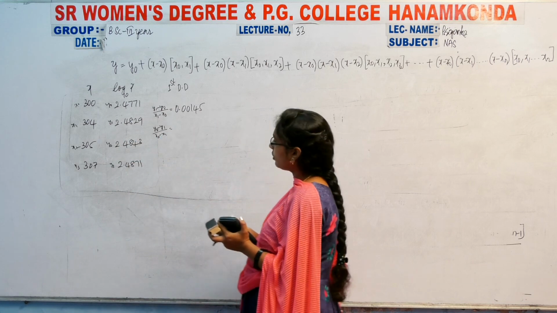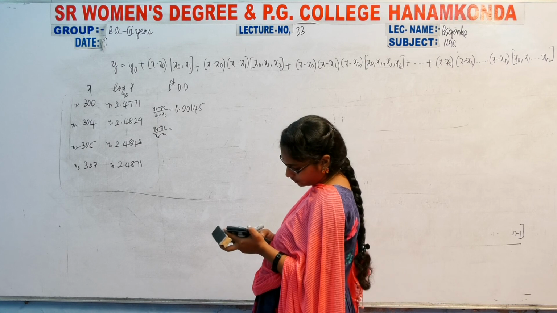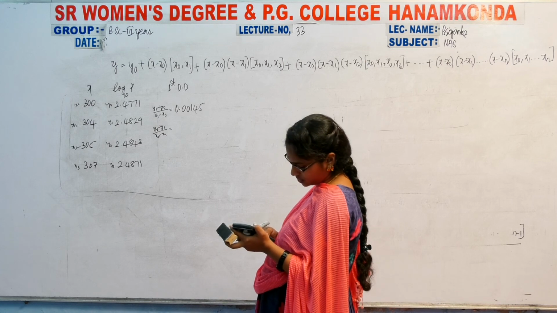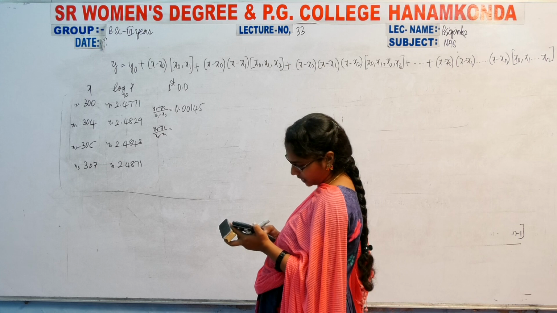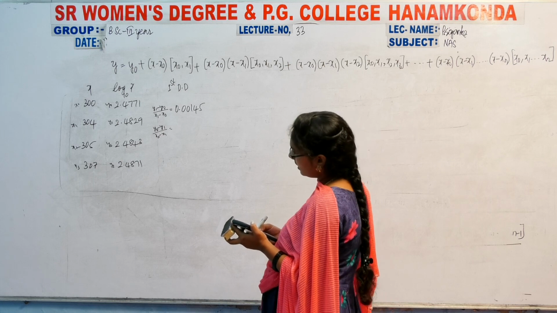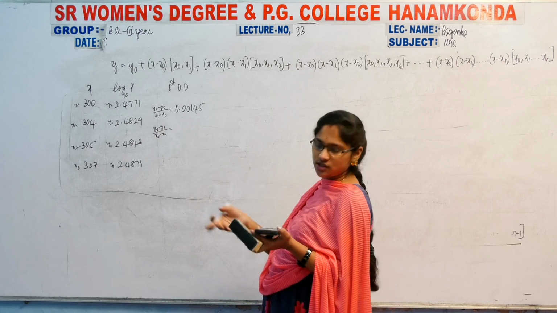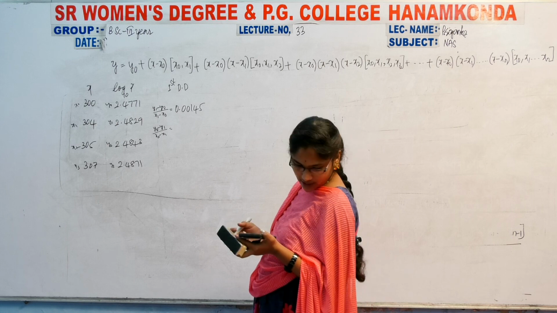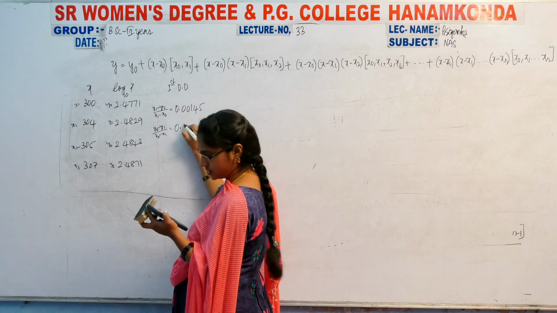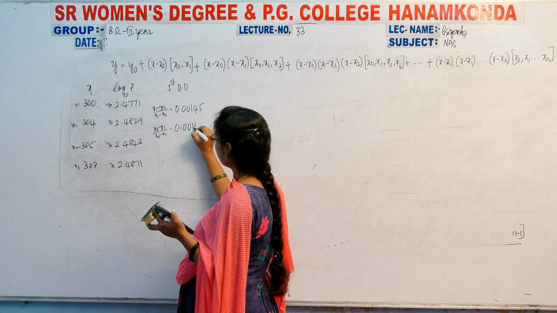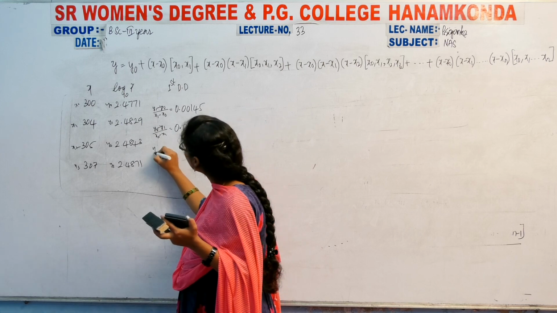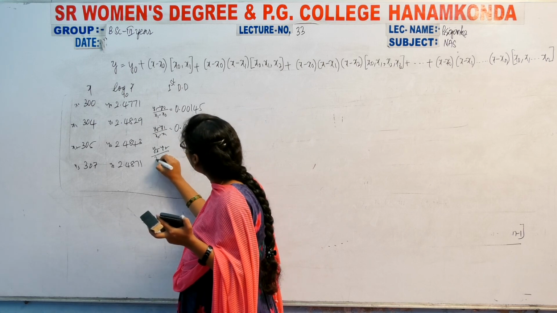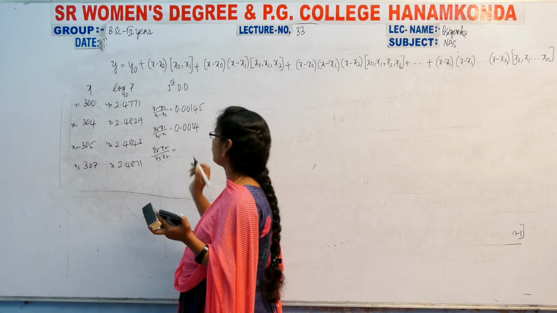So what we get? 2.4843 minus 2.4829 divided by 305 minus 304, that means 1 only. So then we get 0.0014.